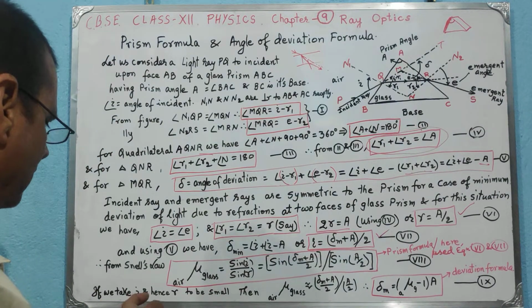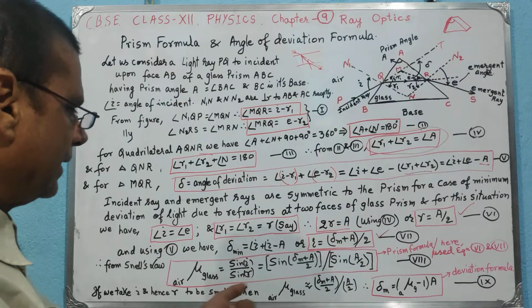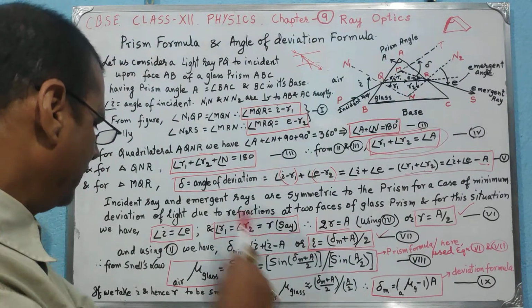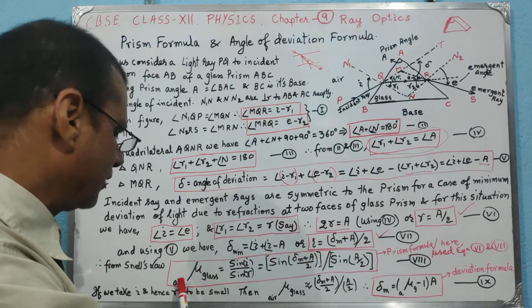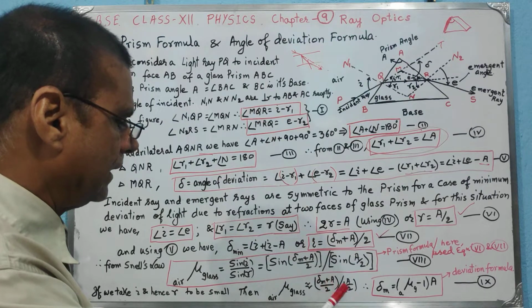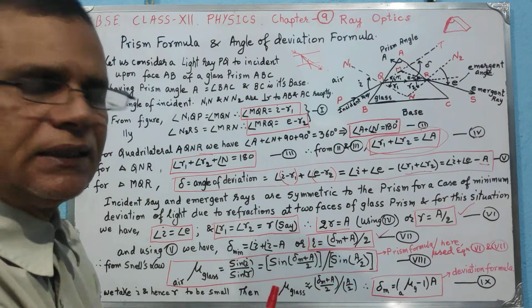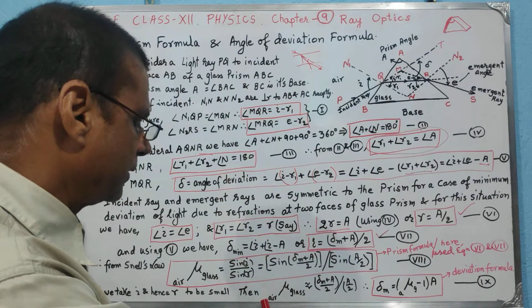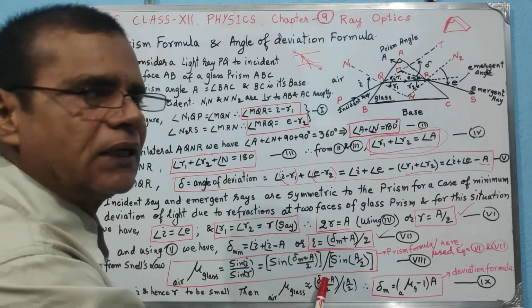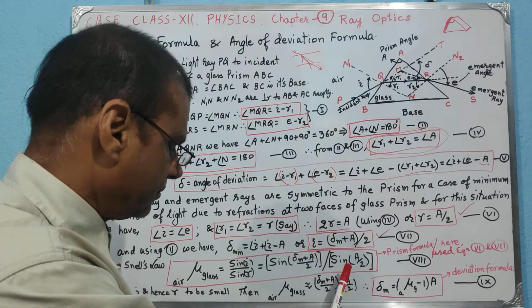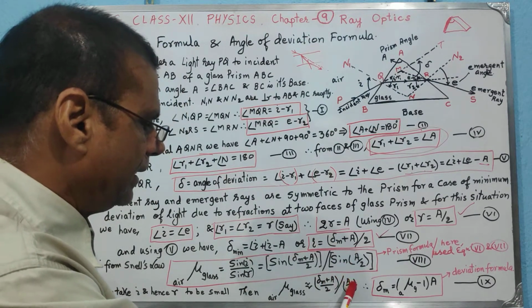Also, if we take I and R to be very small, what happens? We can write refractive index of glass with respect to air is nearly equal to, because sin I is nearly equal to I if the angle is small, delta M plus A whole divided by 2, and that divided by A by 2.